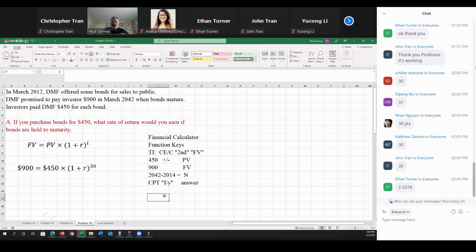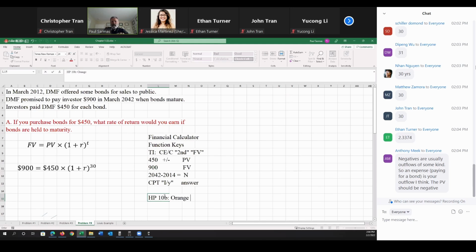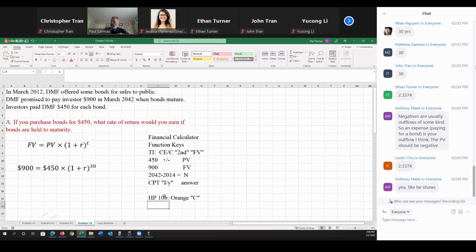Okay, let's go to HP 10B, orange, C. Again, this time you guys do the opposite. You do 450 present value. Change the sign on 900. It does, because I said it doesn't matter.